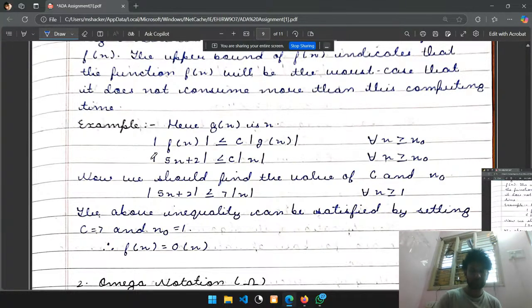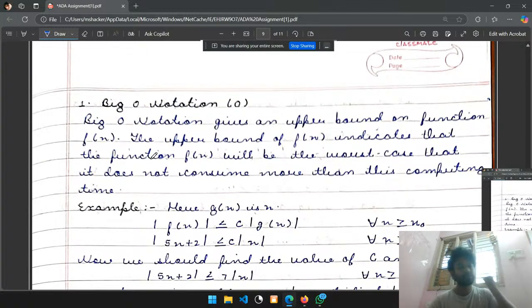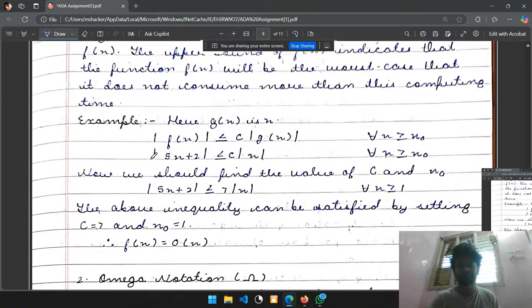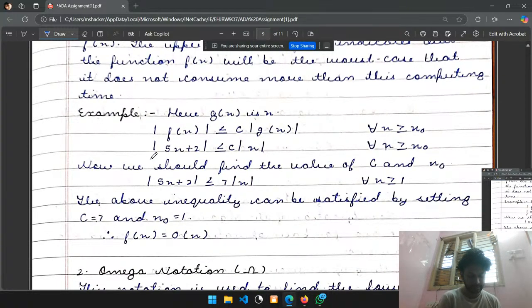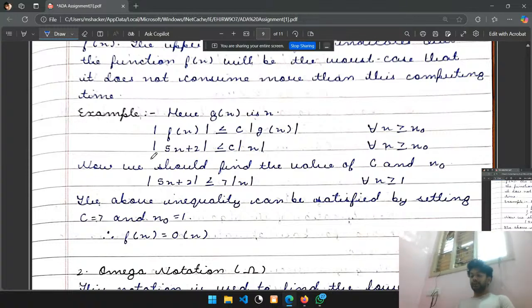Okay, so big O notation gives an upper bound function. Let's take one case for example, O of n means big O. For example, g of x is equal to x. Okay, let's make g of n equal to n.